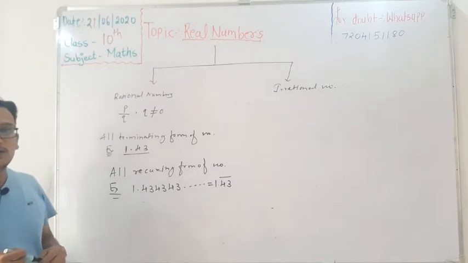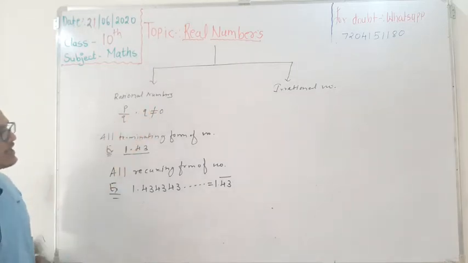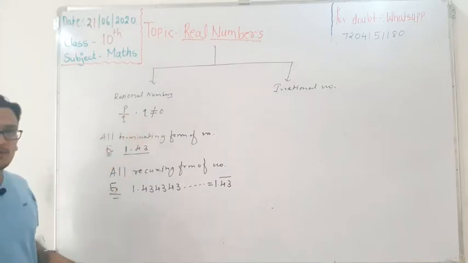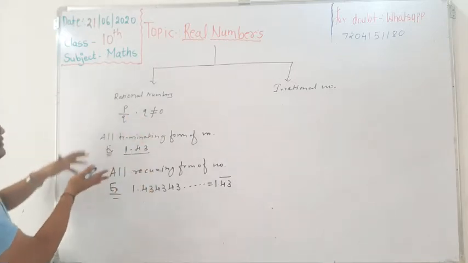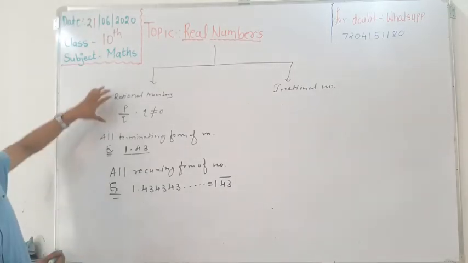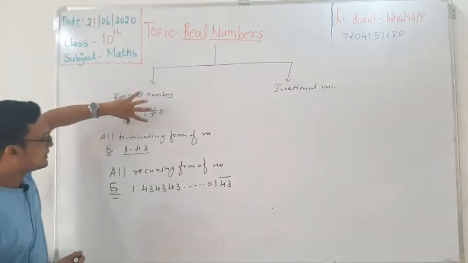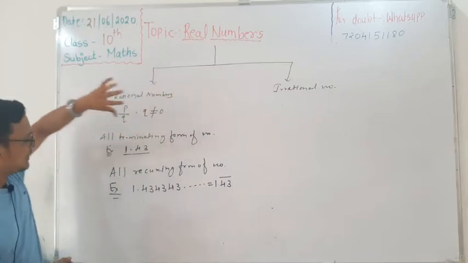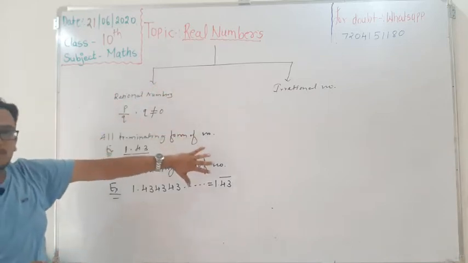So this is about a rational number. But on the other side we have another type, that is irrational number. To define irrational number is very easy, because we already have the other type, rational number, which is all terminating form of numbers and all recurring form of numbers.